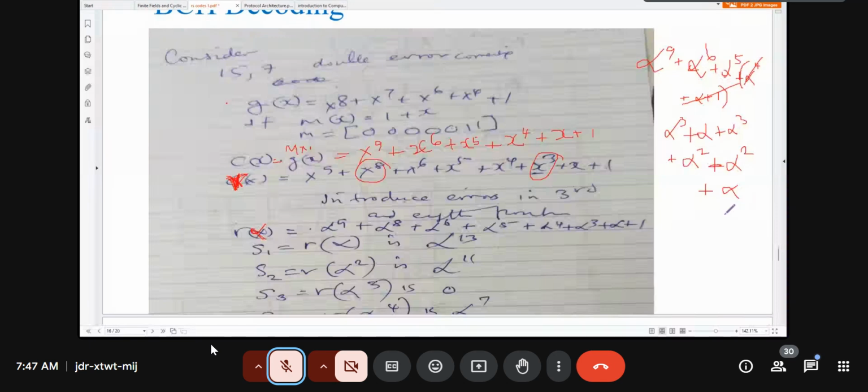So in this case, this cancels to 0, this cancels to 0, this cancels to 0. So you can see if you replace alpha, you're going to find that this works out to 0. So if there is an error, it will just work out to where the error is. Because everything works out to 0, it will only leave that particular element, which is the error.